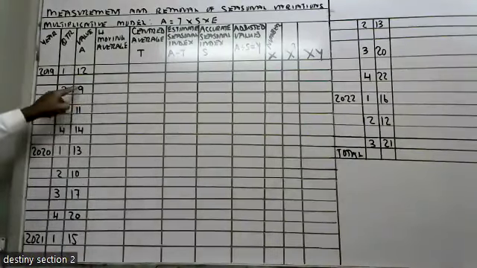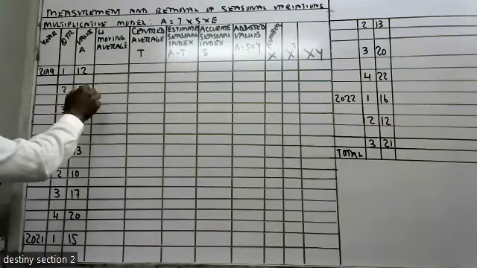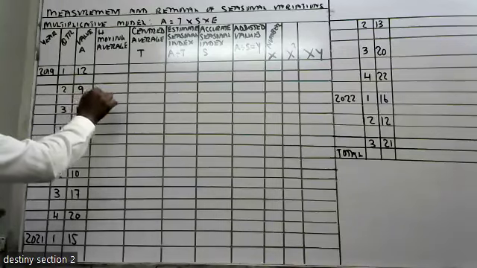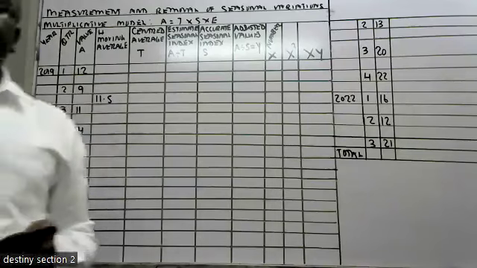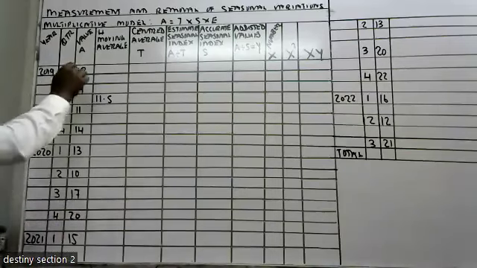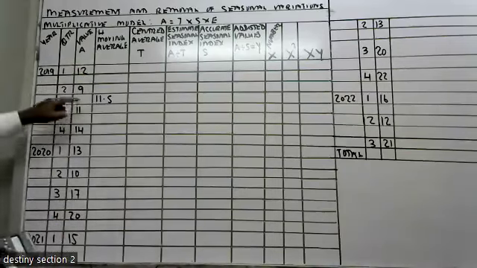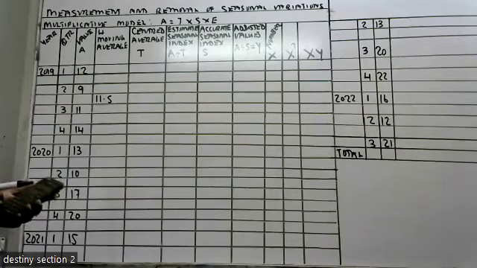Now that 11.5 is written at the center of the four values. So the center is between 9 and 11. So you are going to write in the line that you have skipped here. So 11.5. Let's now drop the 12. After you drop 12, from here you count the next 4. So 9 plus 11 plus 14 plus 13 equals, then you divide by 4.